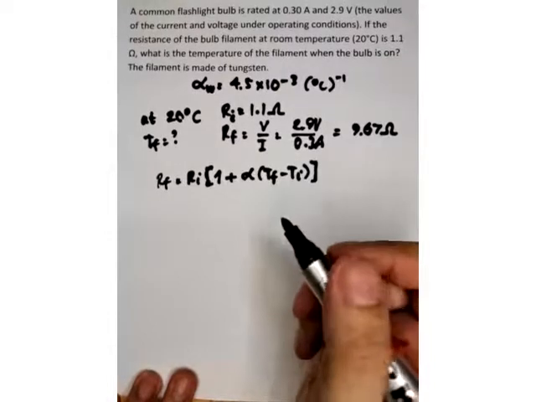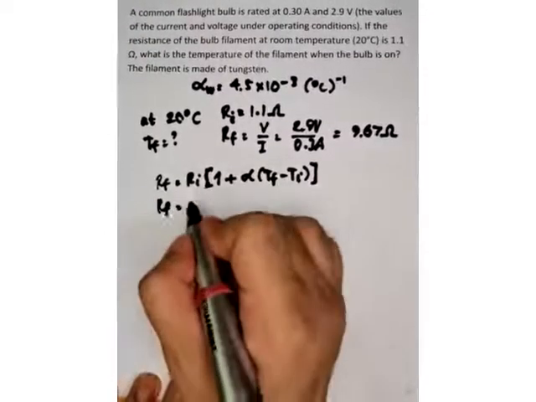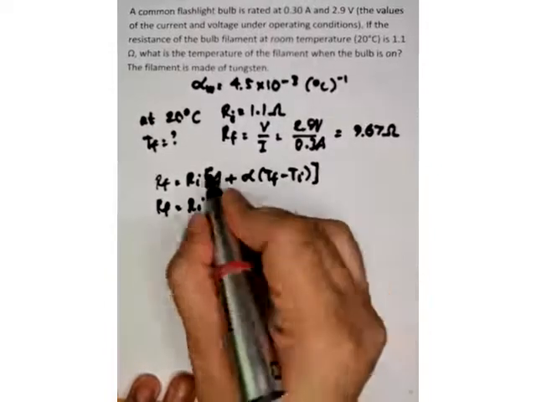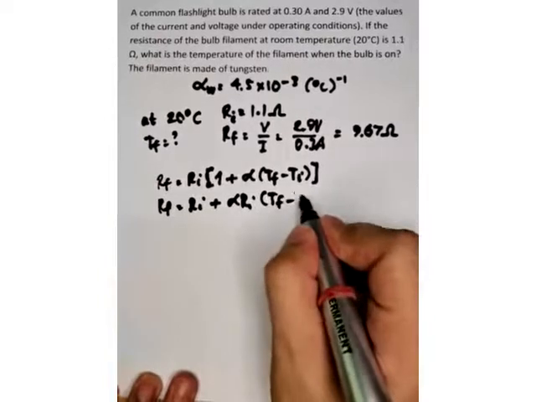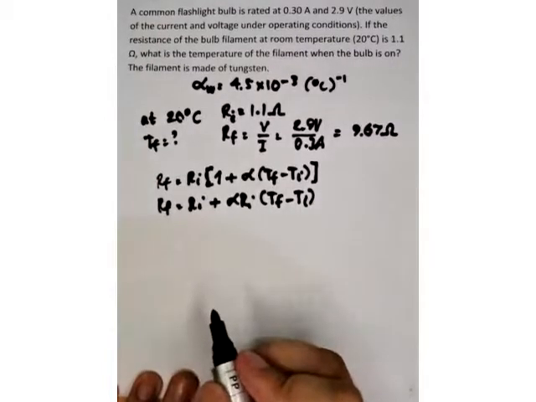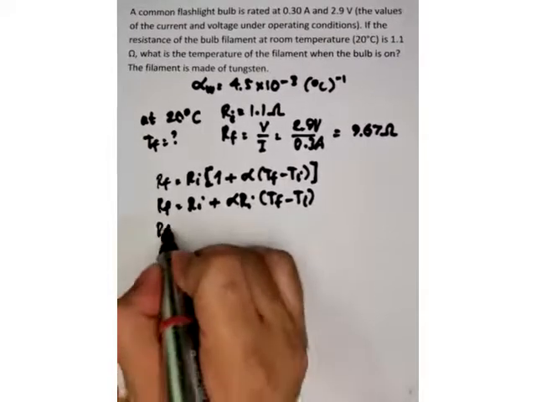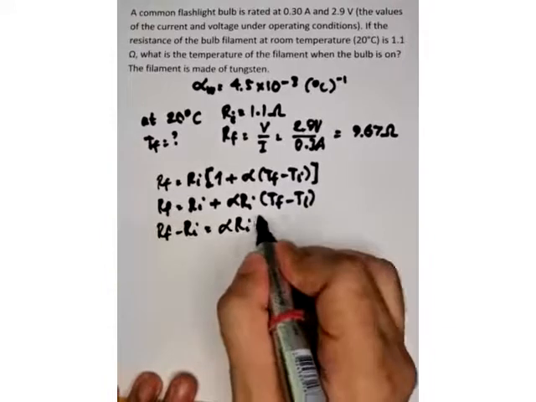So, ang gagawin natin is R final is equal to R initial plus, i-distribute ko yan, alpha R initial times T final minus T initial. And then, R final minus R initial is equal to alpha R initial times T final minus T initial.